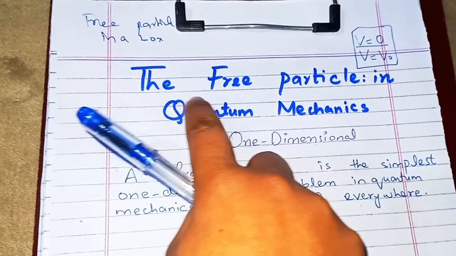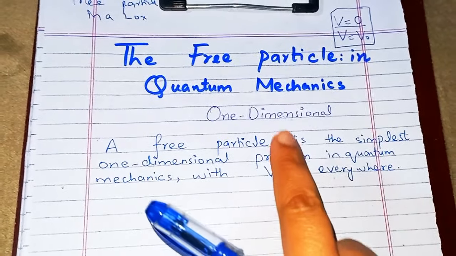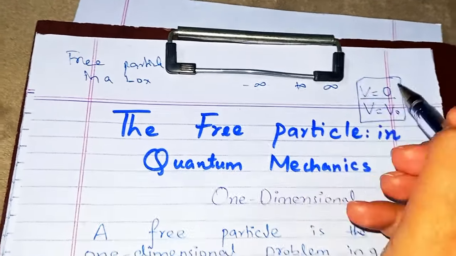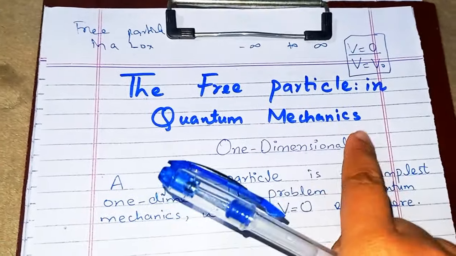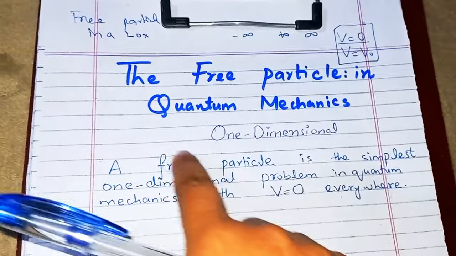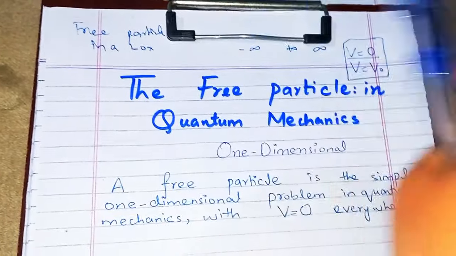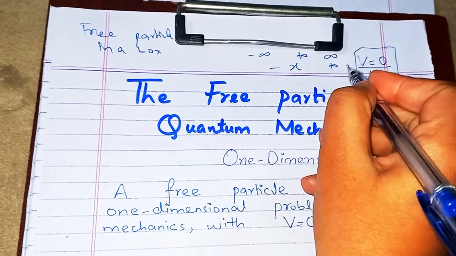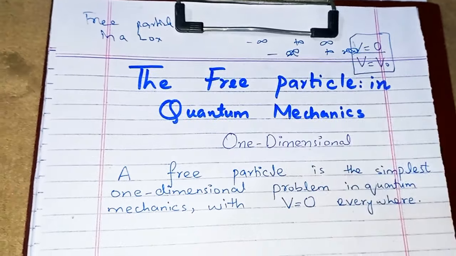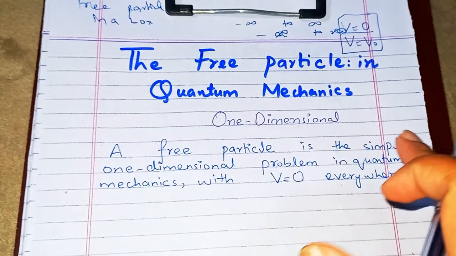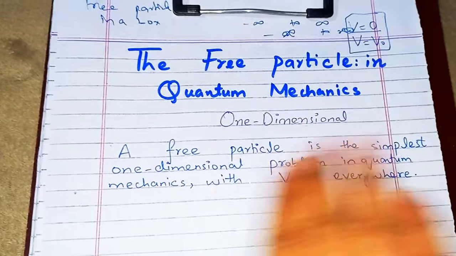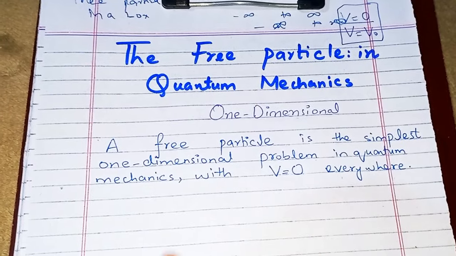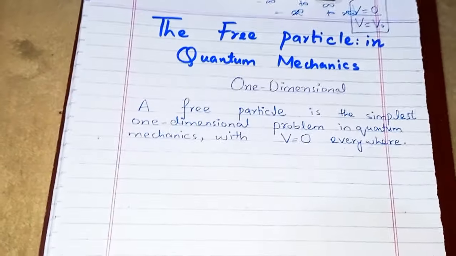But here, the case that we are considering, the particle is free everywhere, from minus infinity to plus infinity over all space. Since it's one dimensional, from minus x to plus x infinities, along the x dimension. So this particle is free everywhere. There is no exception on where it's free and where it's not. So this is the kind of case we have.